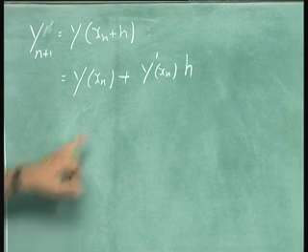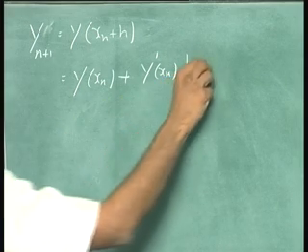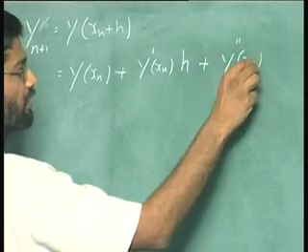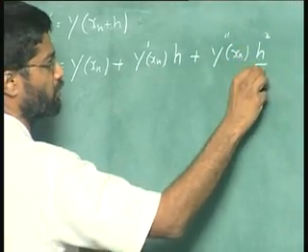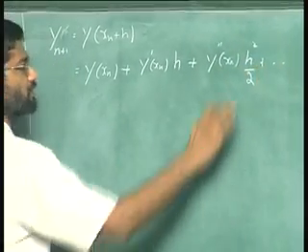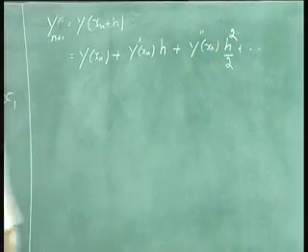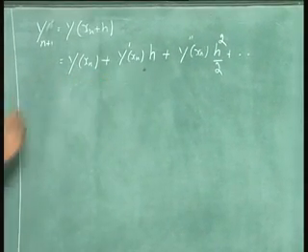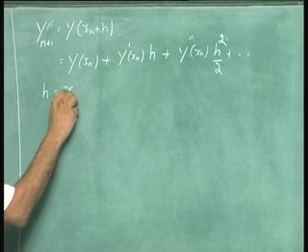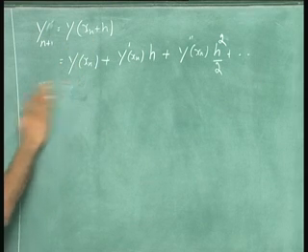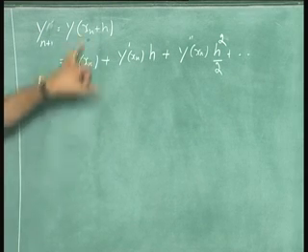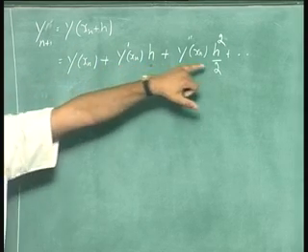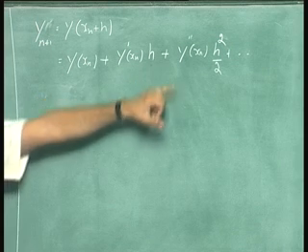Then the next term would be y double prime at xn into h squared by 2, etc. So I could expand this in this Taylor series. Remember, h is the interval here, that is xn plus 1 minus xn. So we could get order 0, order h and order h squared terms in this expansion.